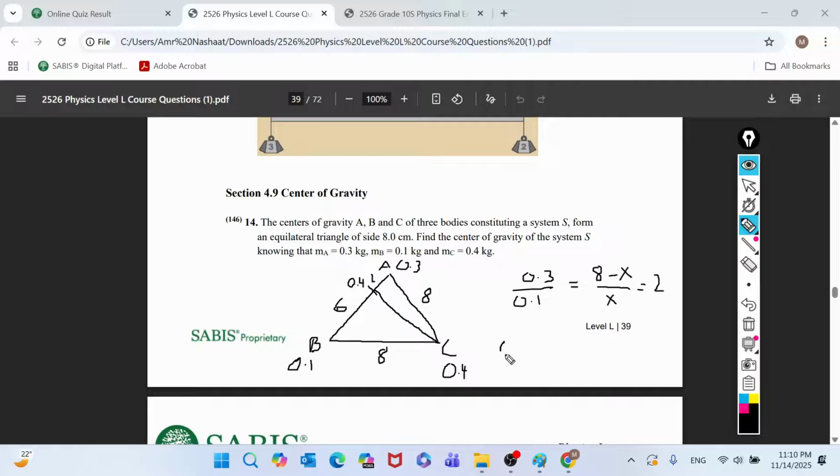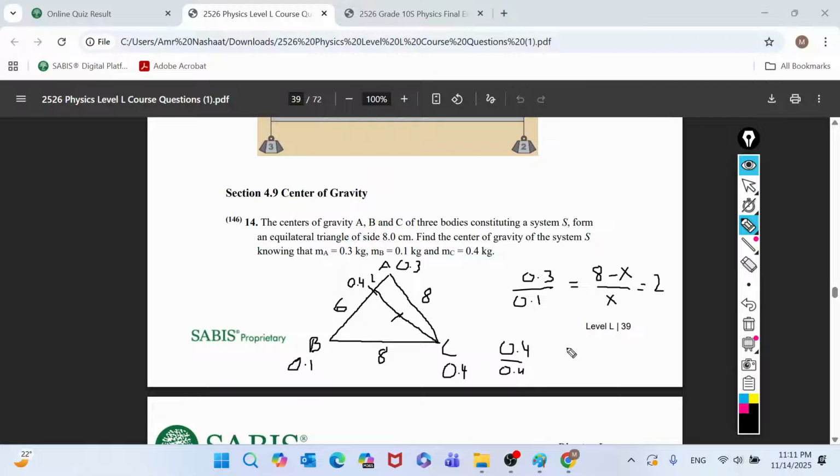Now you want to find the center of mass between these two bodies, 0.4 and 0.4. So 0.4 over 0.4 is going to equal... we don't know the length of this, but basically if they have the same mass, then it's going to be right in the middle, perfectly in the middle.